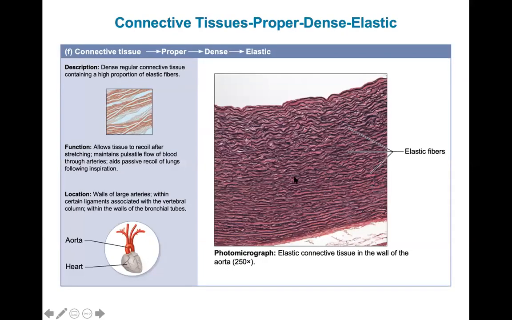And here you can see this is the elastic wall of the aorta. Here you can see all of the elastic fibers, and this allows that particular blood vessel to expand out when the heart pumps and then recoil back during relaxation periods.